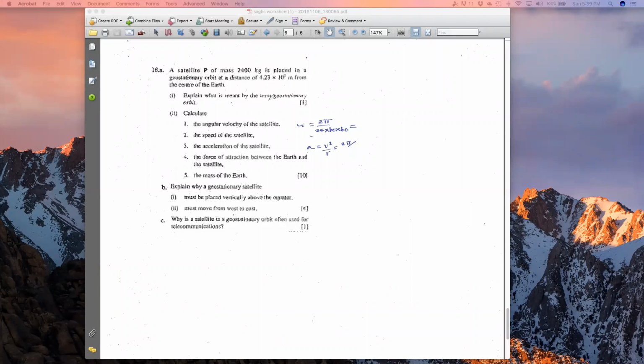So let's explain what is meant by a geostationary orbit. A geostationary orbit, for the people who do gravitation and circular motion, is one in which the satellite remains at the same position relative to any point on the Earth's surface.